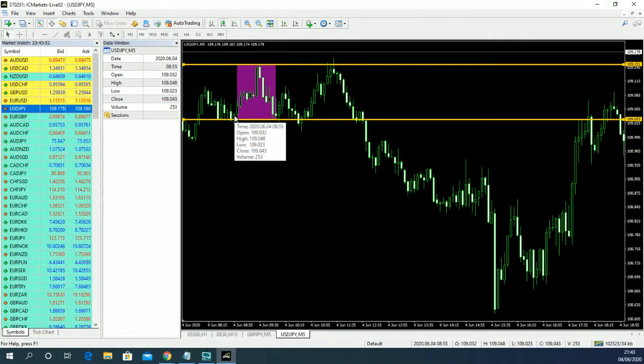So the rule of the strategy is very simple, ladies and gentlemen. After the box, we now start to look for a candle that is formed outside of this channel. The candle can be formed below the channel.